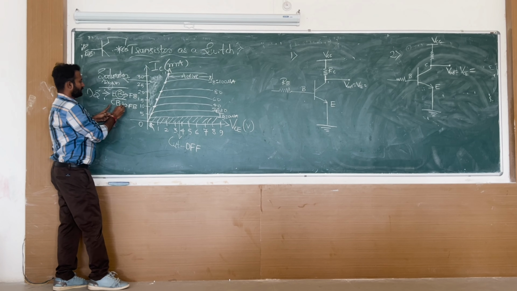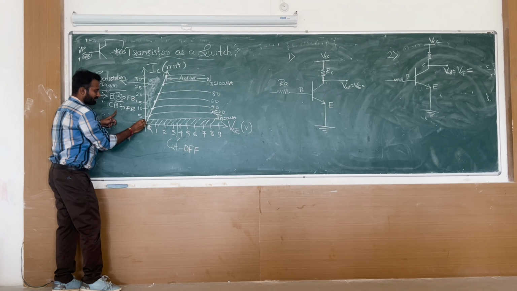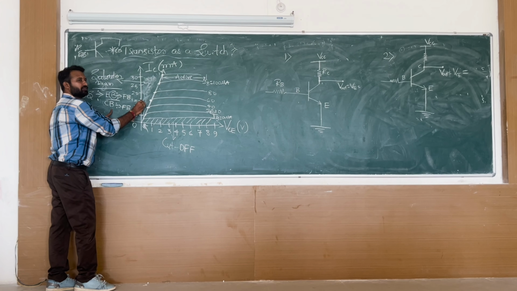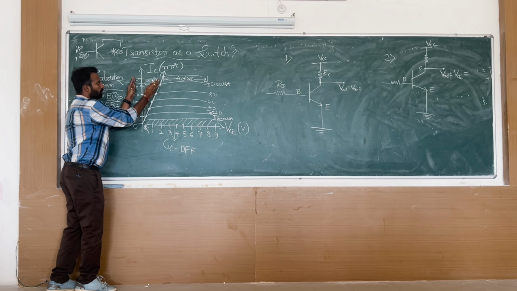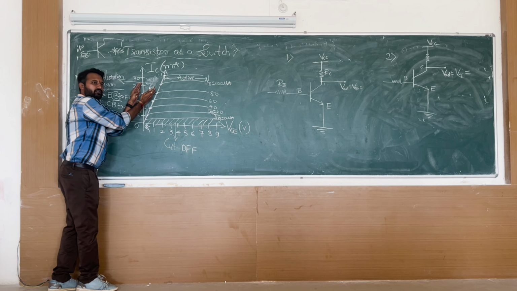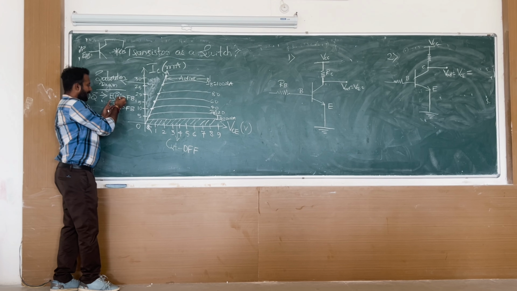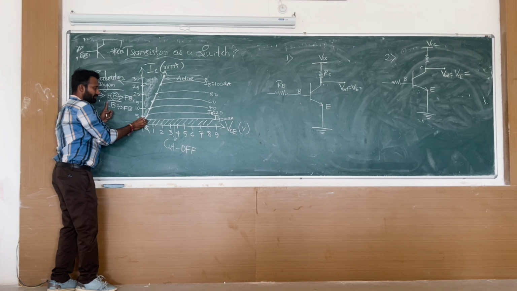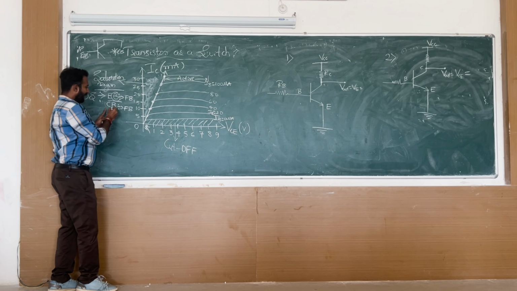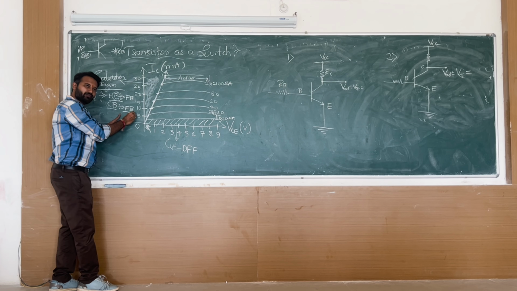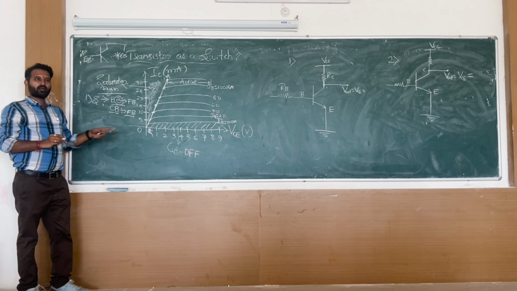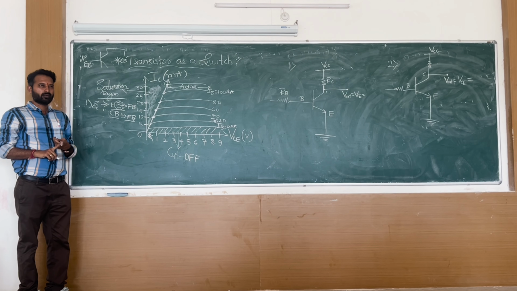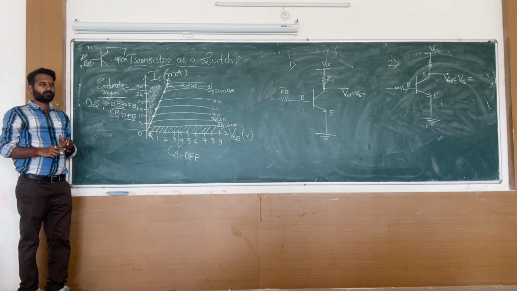And the collector base is also forward bias, so IC is 5, 10, 15, 20, 25, 30, and it is increasing too. As the emitter base junction is forward bias, base current increases; as the collector base junction is forward bias, collector current also increases. Clear?